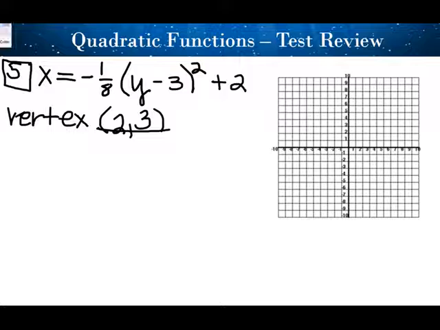Remember that this is going to be opposite. And so I'm using y equals 3. And if that's y equals 3, this is x equals 2 right here. So our vertex is 2, 3.